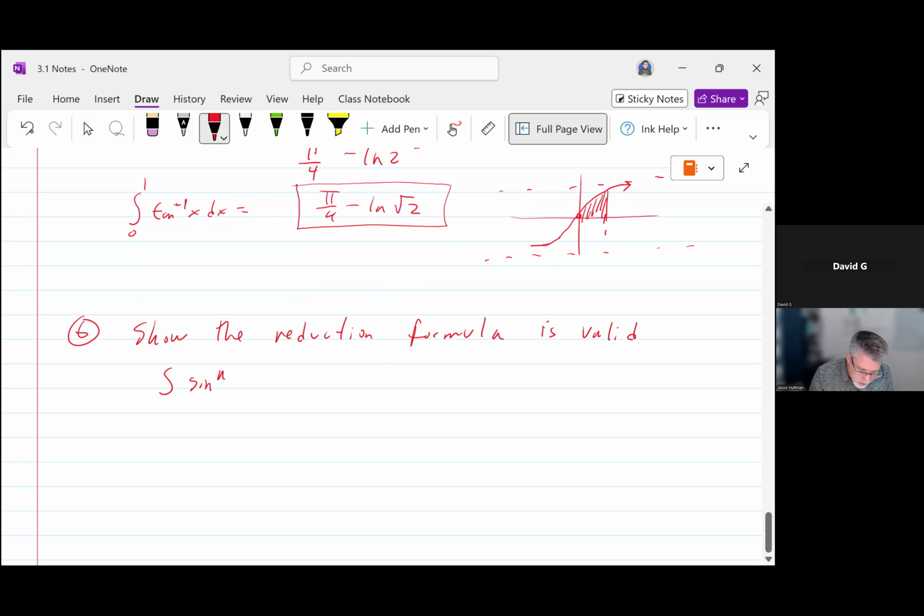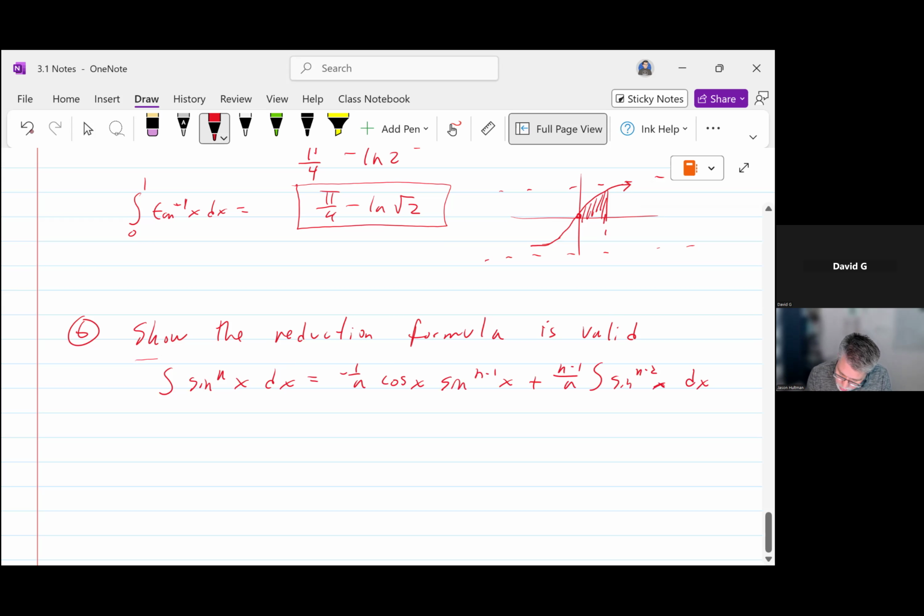The integral of sine to the nth power of x dx is equal to -1 over n cosine x times sine to the n minus 1th power of x plus n minus 1 over n times the integral of sine of x to the n minus 2 power dx.